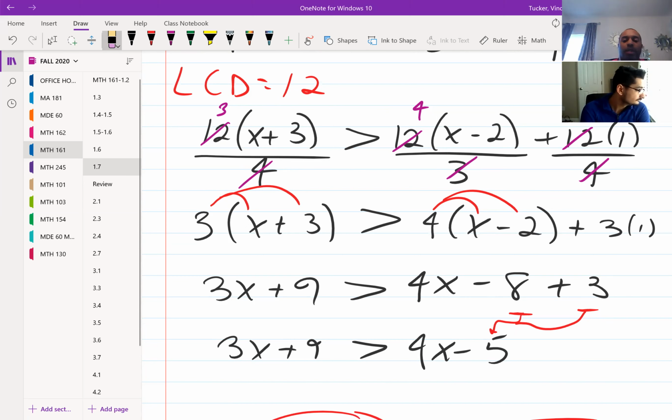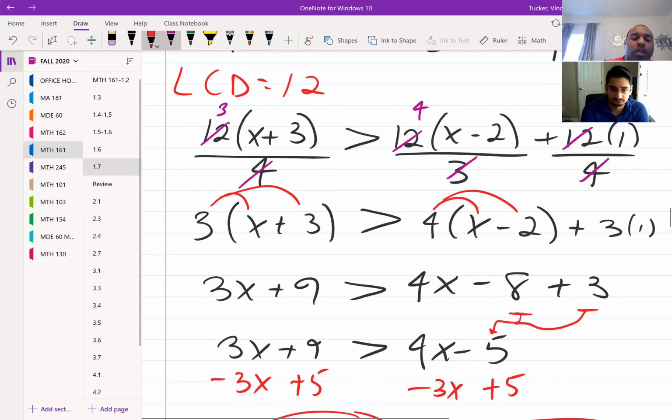Now your goal should be to get your x terms on one side, other terms without x on the other. I'm going to bring my 3x to the right just because I'm trying to emphasize something. So I cancel out the 3x on the left and cancel out the 5 on the right.